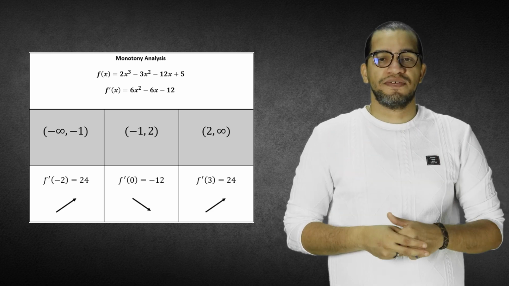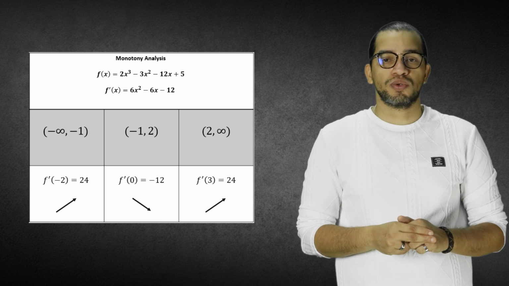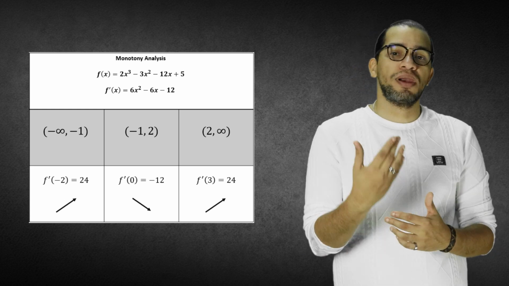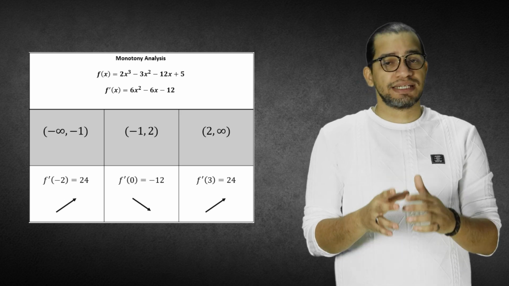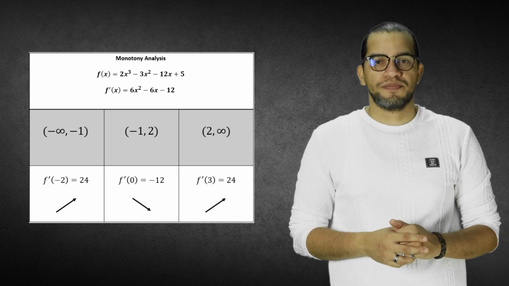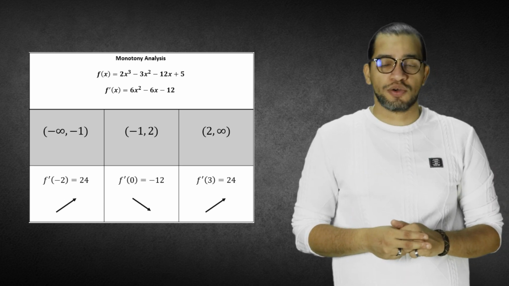Finally, if we take the value of x equals 3 in the interval 2 to infinity and we plug it in the function f prime of x, we get as a result 24. And as 24 is positive, we can say that the function is increasing in such an interval.